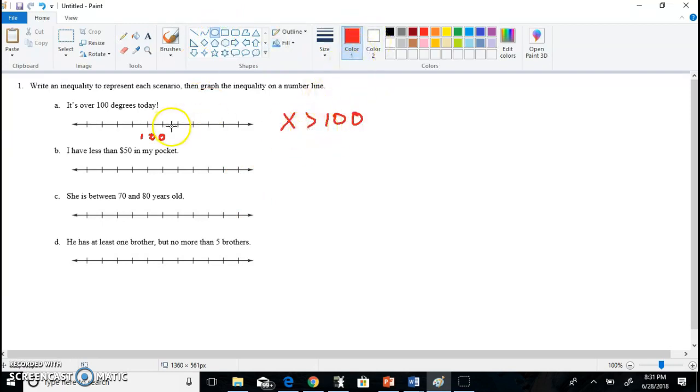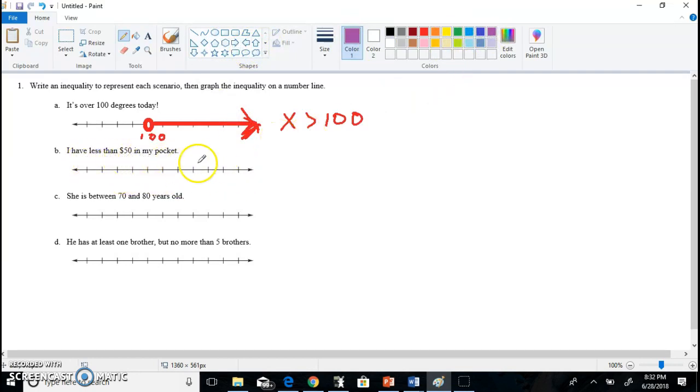There's no line here, so it's an open circle on 100. And then we need to shade our line to cover all the numbers that are greater than 100. So that's all the numbers to the right. And don't forget to shade your arrow as well.